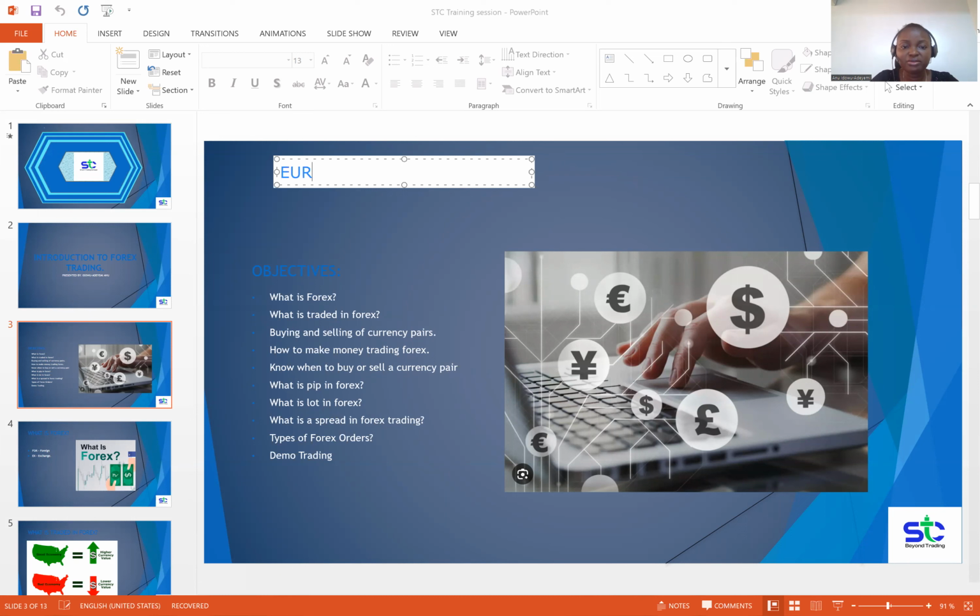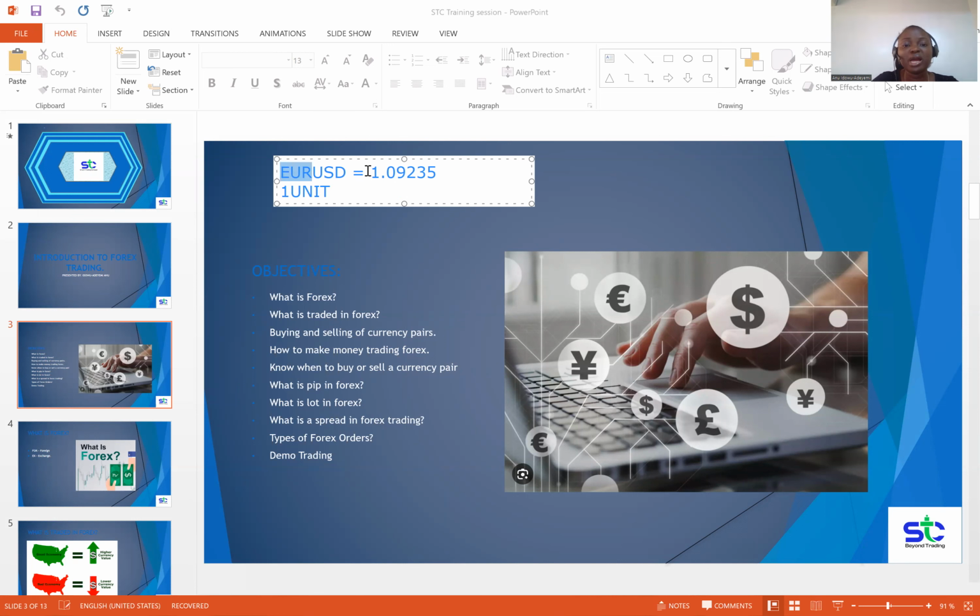Now, if we have Euro USD, and let's say we observe that the price is currently at 1.09235. This is just for the purpose of explanation. What this basically means is if you're buying 1 unit of euro, remember I always say whatever you're doing is always on the base currency, which is the first currency, which is euro.